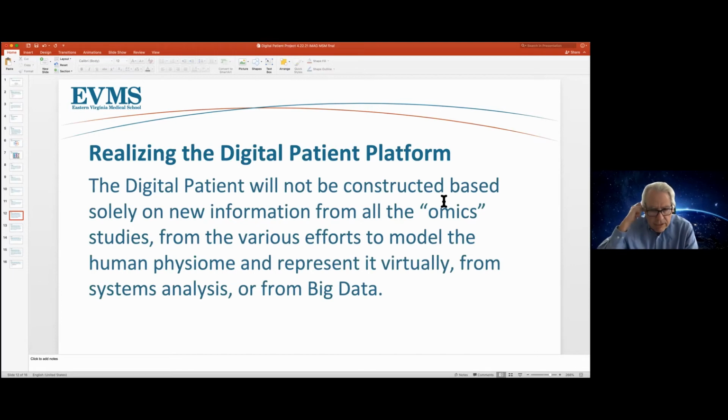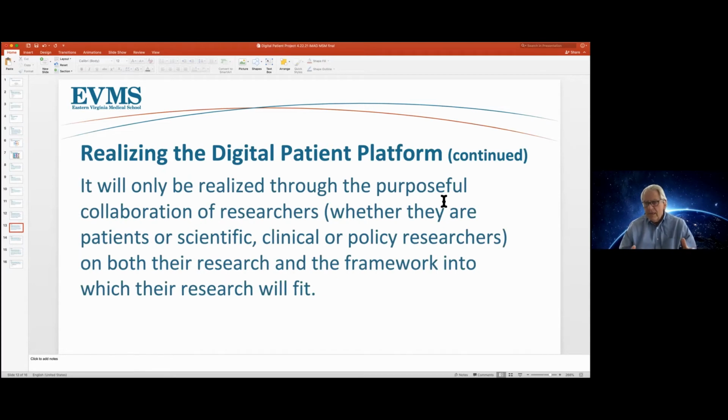Another challenge is, this is kind of the framework, the challenge is that we need to build a group of people that are interested in focusing on the digital patient platform. It's the kind of commons problem that was written about many decades ago.